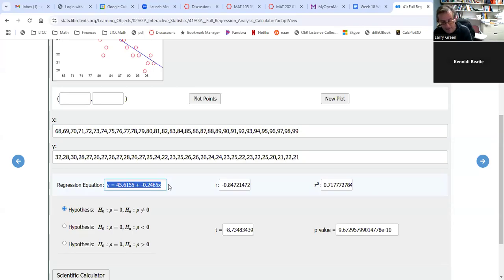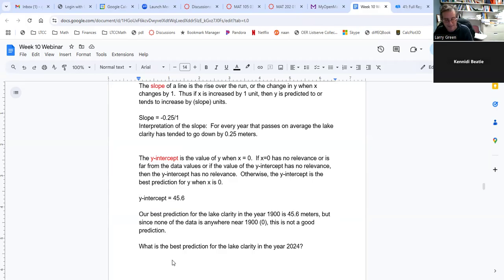I'm going to copy and paste the regression line into here. There's our regression line. I'm going to make it a little prettier by saying minus that. And the year 2024 corresponds to the number 124, because it's the years since 1900, right?